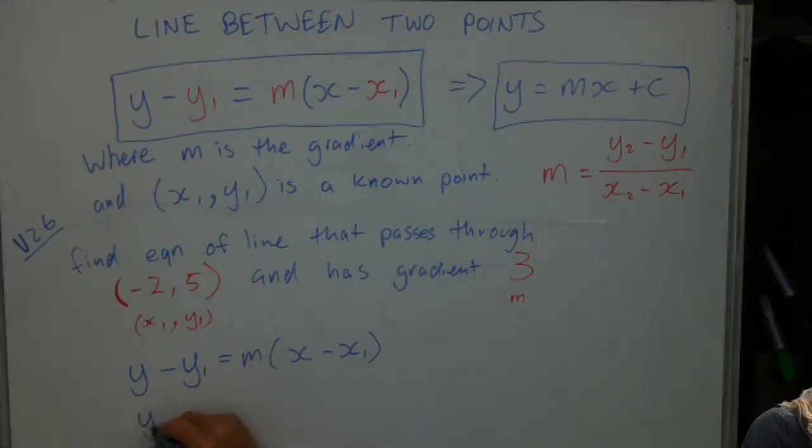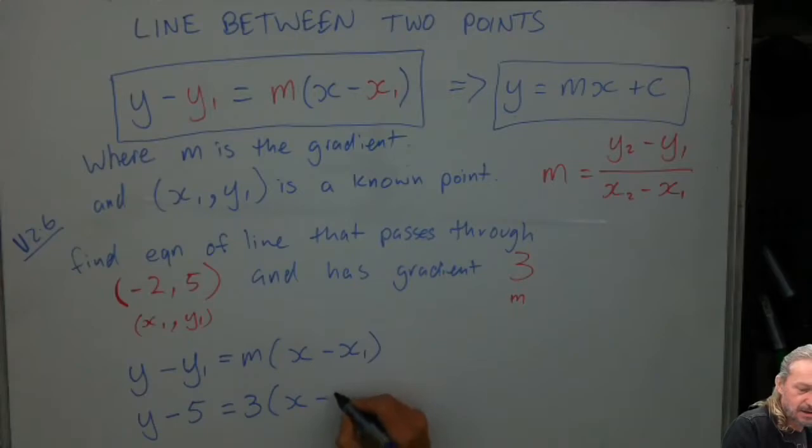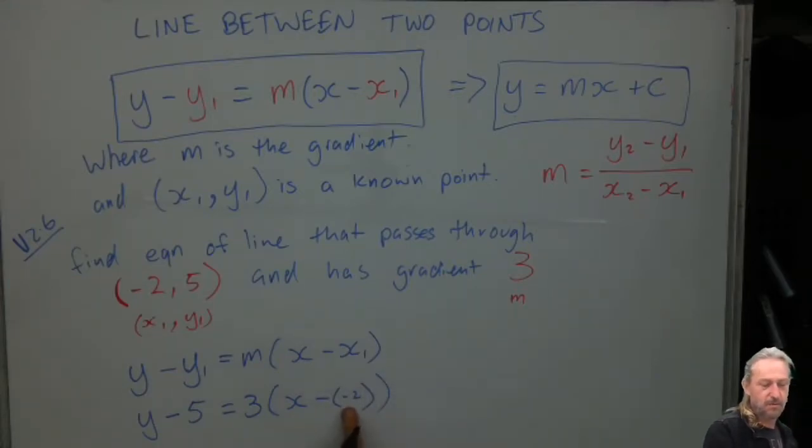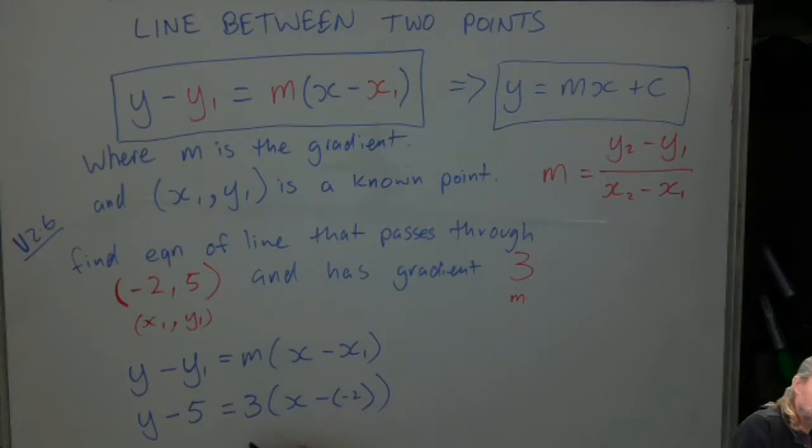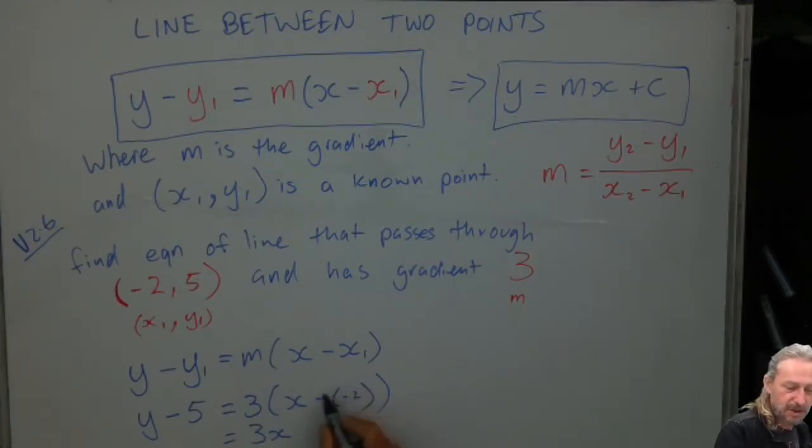So let's substitute in: y take away 5 equals 3 lots of x take -2. I'm being careful when I've got two negatives together. So the first step is to multiply out these brackets, not forgetting that this is essentially x plus 2. We're going to get 3 multiplied by x is 3x, and this is plus 2, so 3 times 2 is going to give us plus 6.